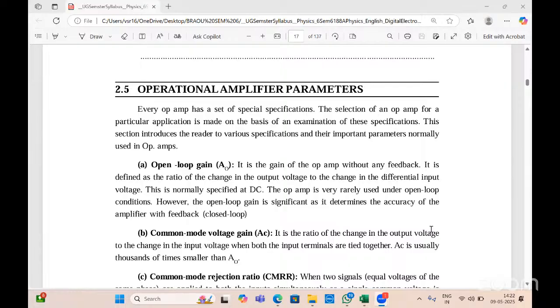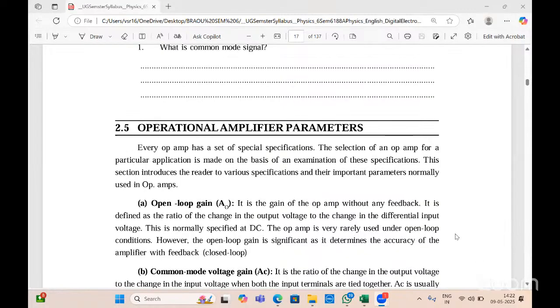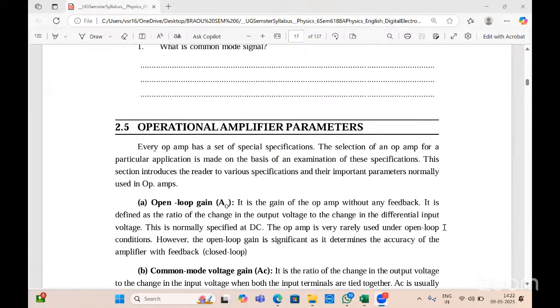It is normally specified at DC, for the operational amplifier used under the open loop condition, and the gain is sufficient as the determined accuracy of the transfer.